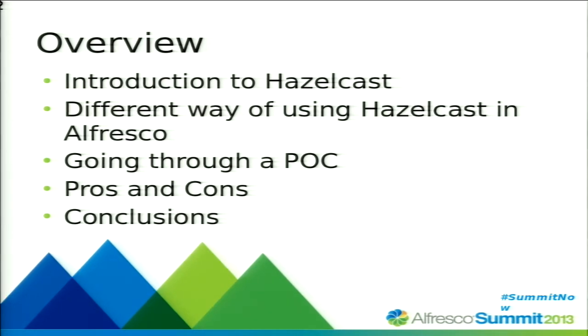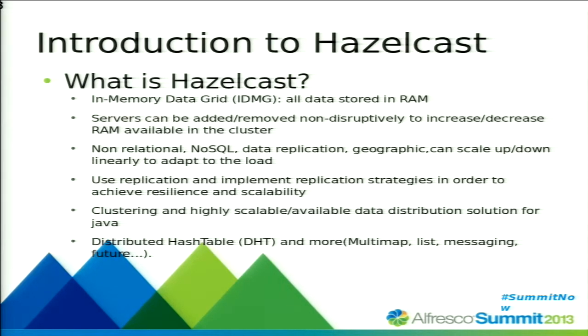Then the third point was to go through a POC, proof of concept. And after that, I would appreciate a lot if you could give me some ideas or some feedback about the concepts that will be shown here, okay? And maybe some conclusions.